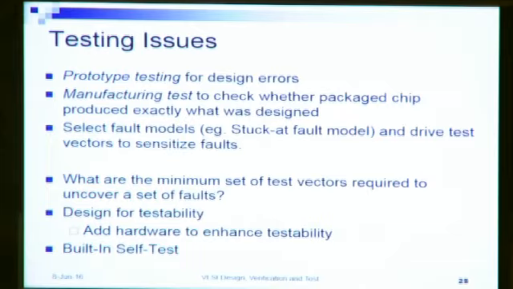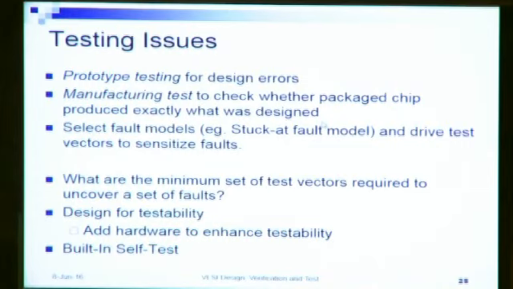The last place to check is by actually driving a set of test vectors through the prototype and finding that over all test inputs to this circuit, the output of the circuit matches the expected golden output, always and under all conditions. So this is called prototype testing.